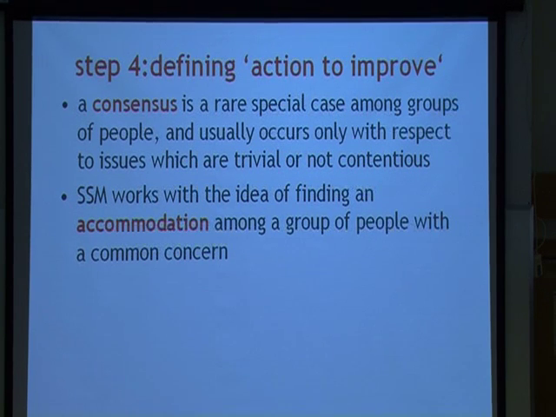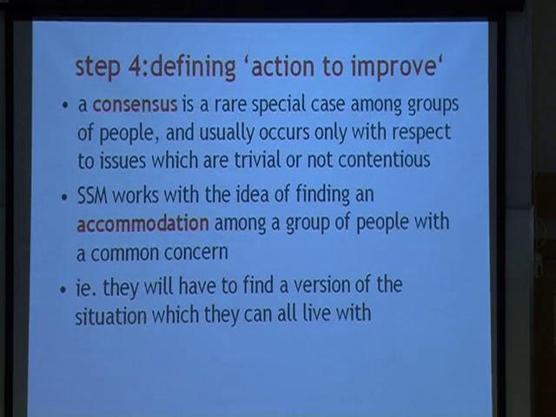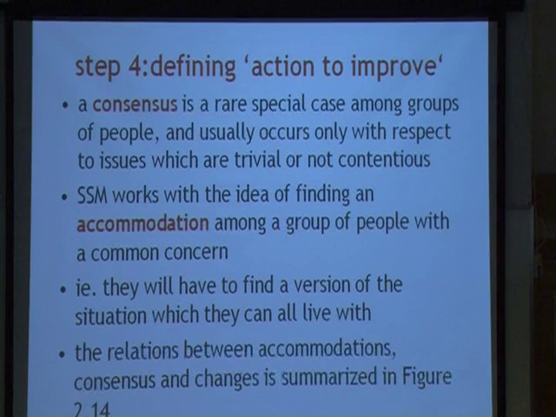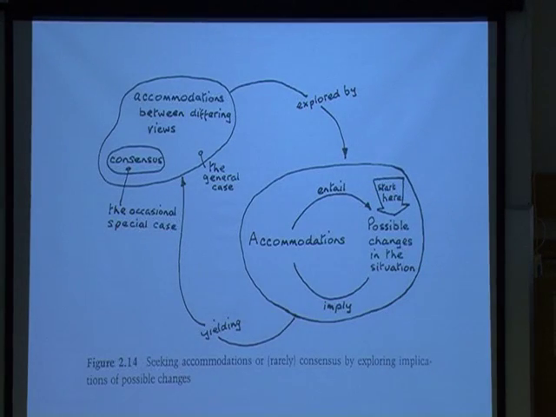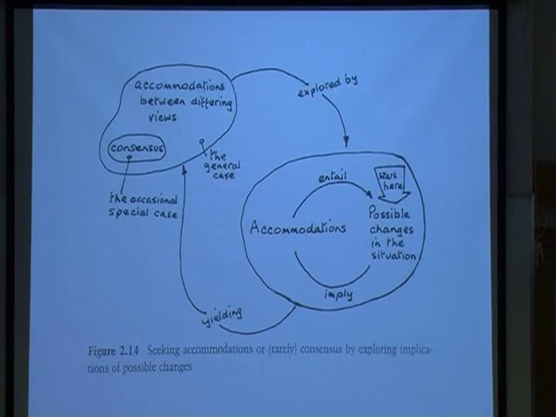SSM works with the idea of finding an accommodation among a group of people with a common concern, even though they have different objectives and different worldviews. That is, they will have to find a version of the situation which they can all agree and live with. Relations between accommodations, consensus, and changes is again, we have a diagram.